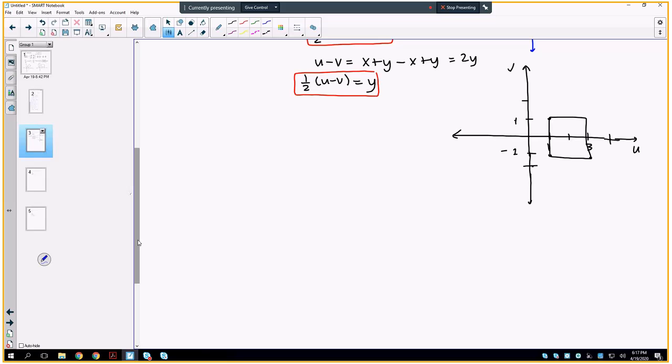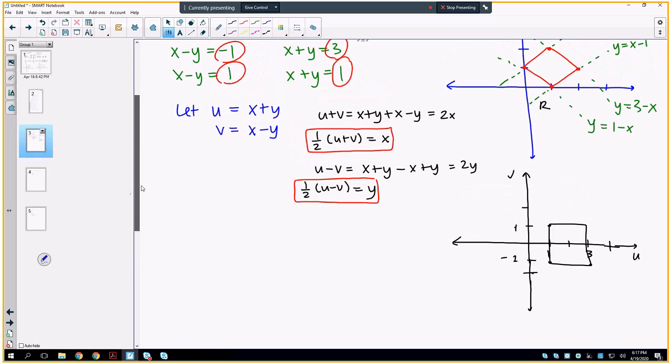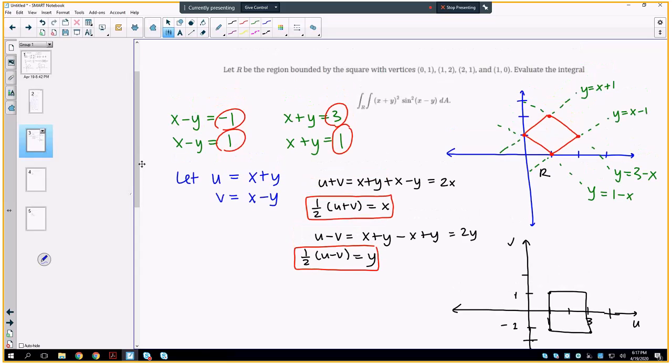The last thing that I have to think about is my function f of x and y. But it looks pretty nice because x plus y is showing up and x minus y is showing up. So I'm going to say this should be u squared times sine squared of v. Then I need to multiply by the absolute value of my Jacobian and integrate over S. So let's write that down below.